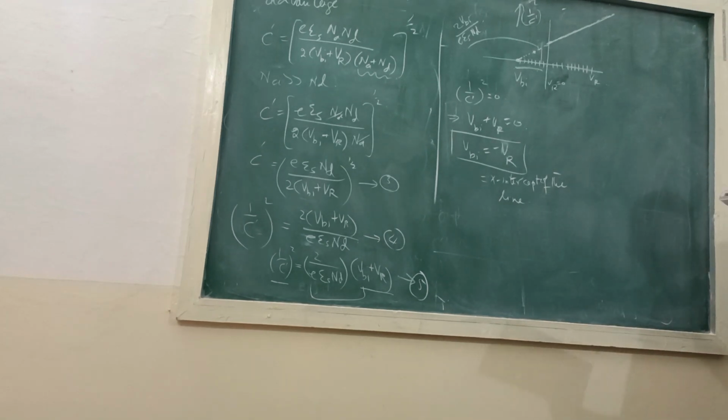You know what I'm saying? So that is one of the uses of measuring the capacitance of a p-n junction. Now let us move to the other chapter, the p-n junction diode, and do the junction breakdown.